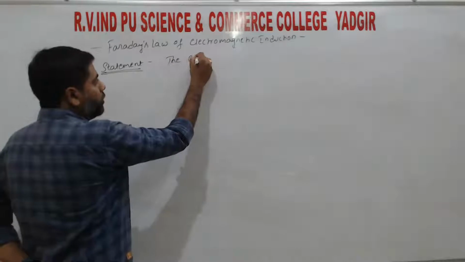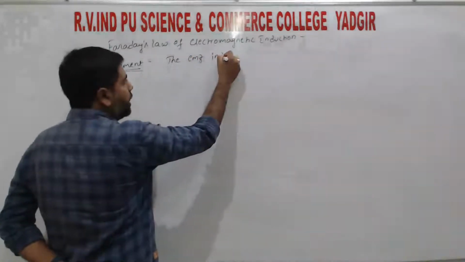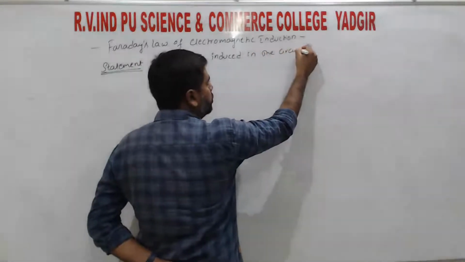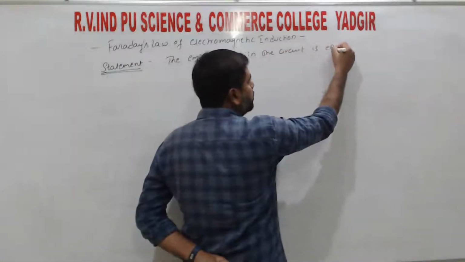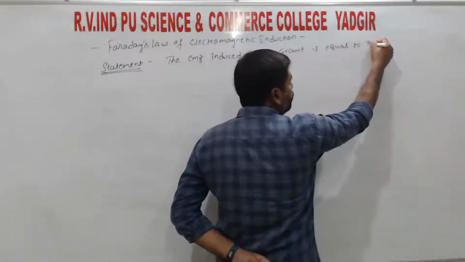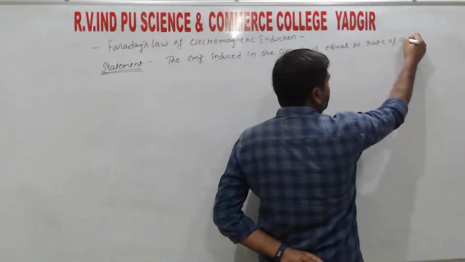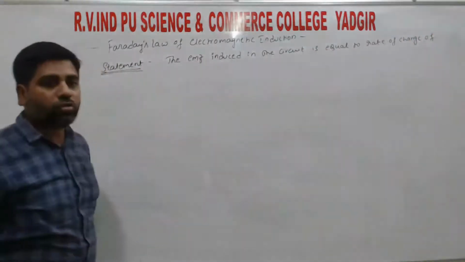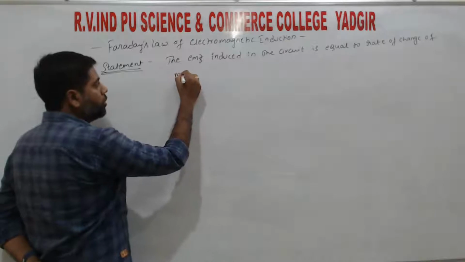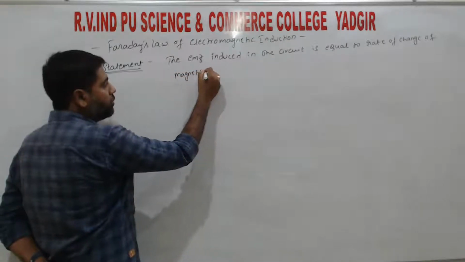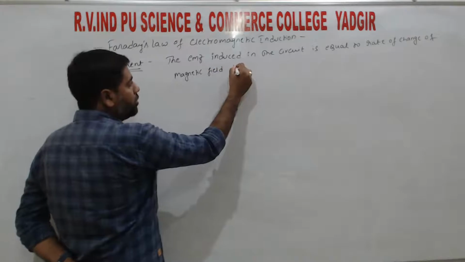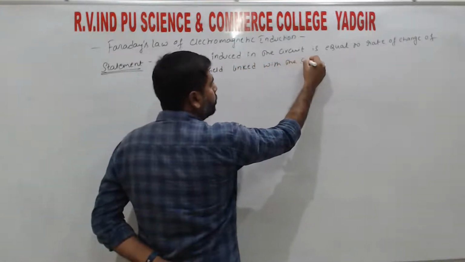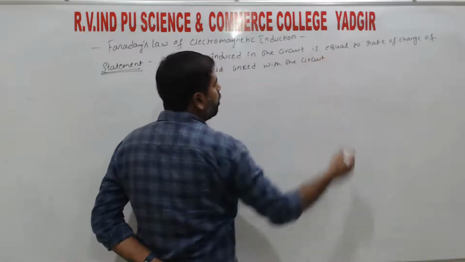The EMF induced in the circuit is equal to the rate of change of magnetic flux linked with the circuit or loop.